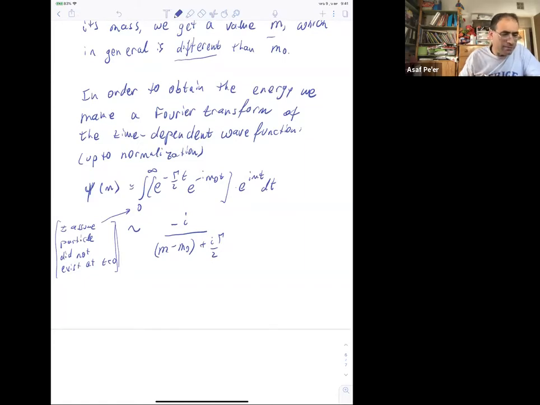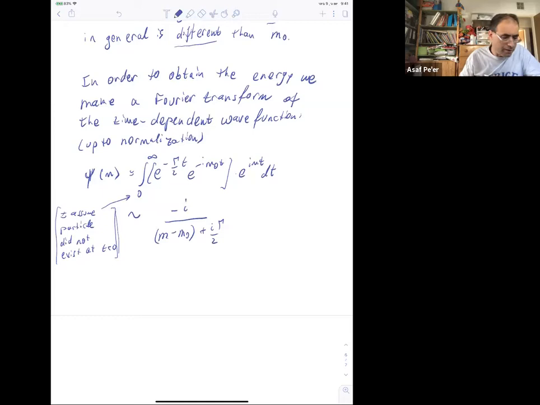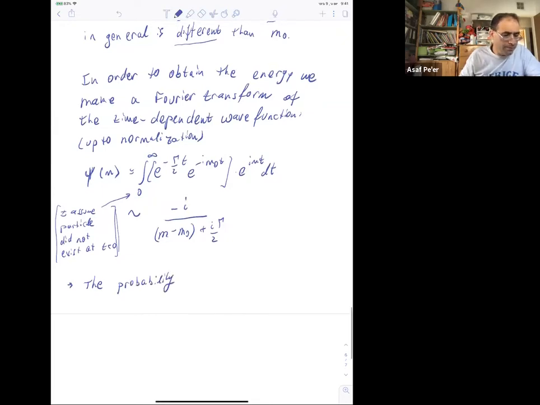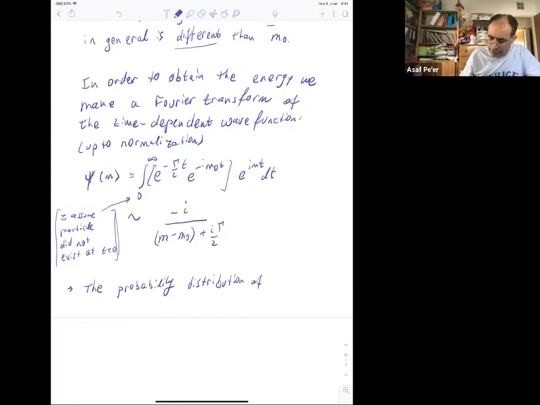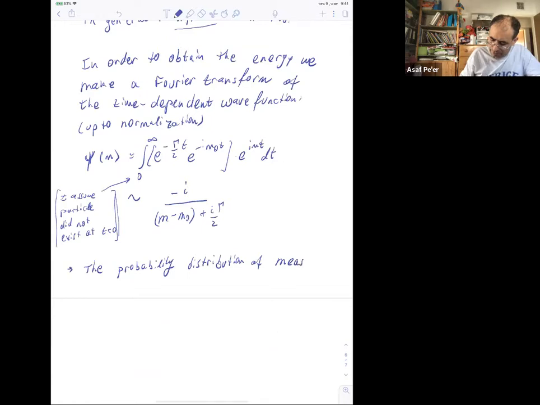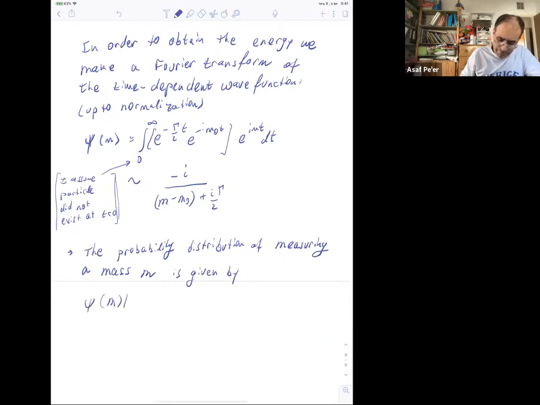Up to some normalization constant, the probability distribution of measuring mass m is given by psi of m squared, which is up to normalization 1 over (m minus m0) squared plus (gamma over 2) squared.